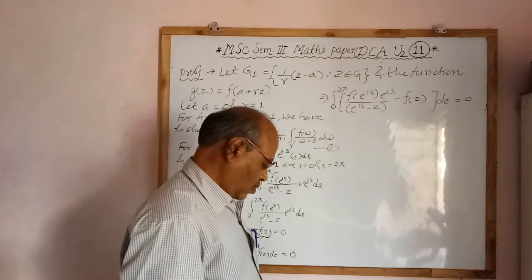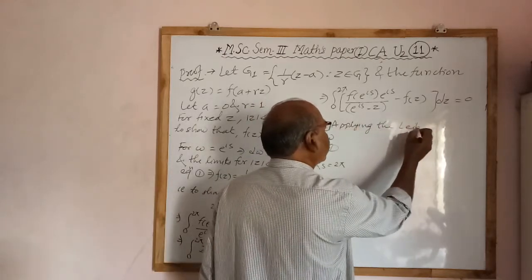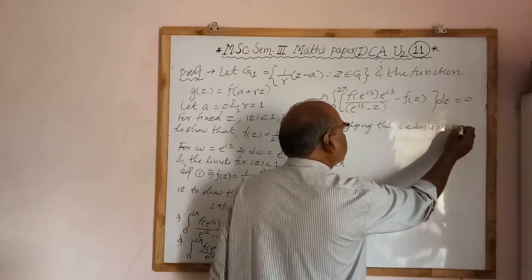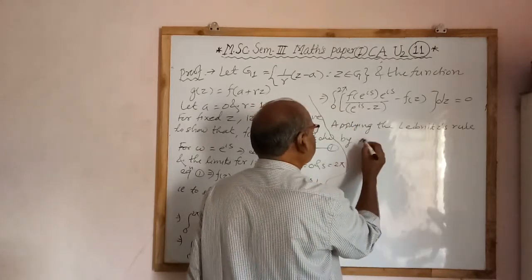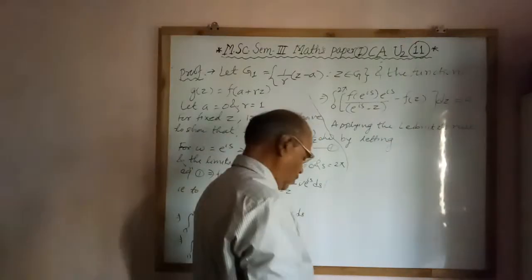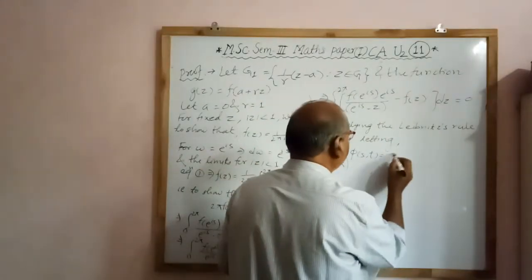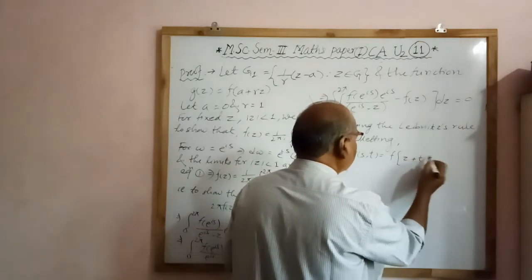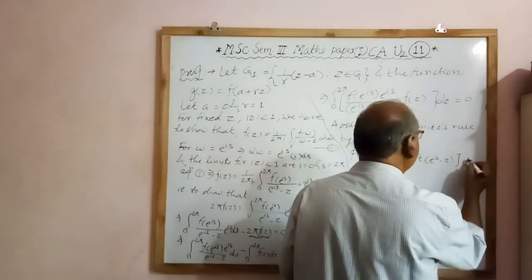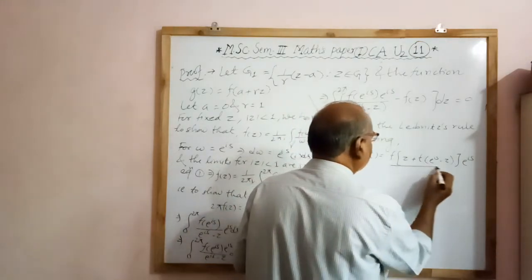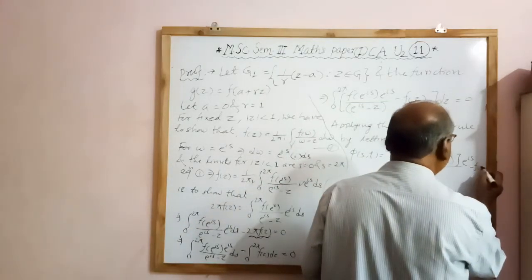Applying the Leibniz rule, considering that phi of s equal to f of z plus t into e to the power is minus z, into e to the power is, divided by e to the power is minus z, minus f of z.